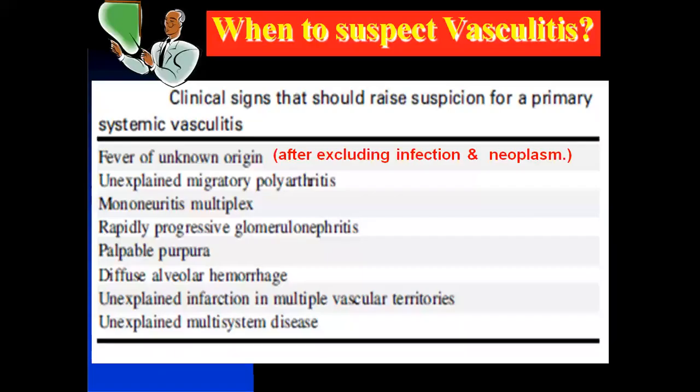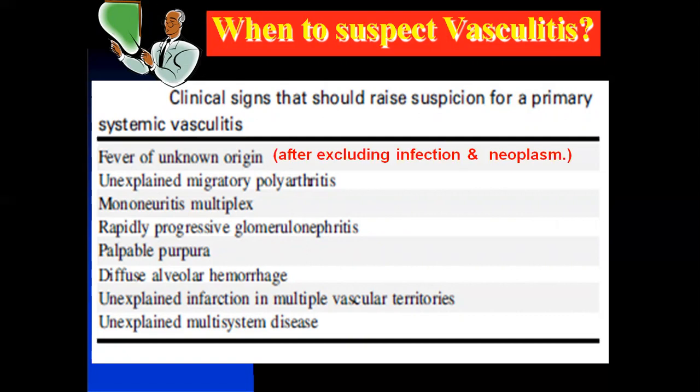So, what are the clinical signs that should raise suspicion about a primary systemic vasculitis? The first is fever of unknown origin. How do we suspect that the fever is not coming from any other source?